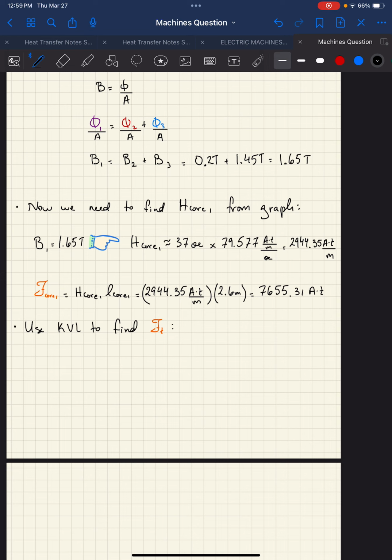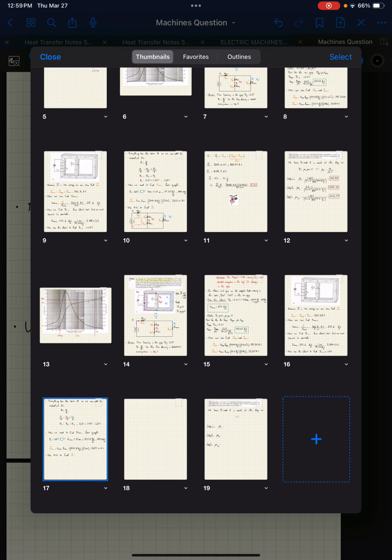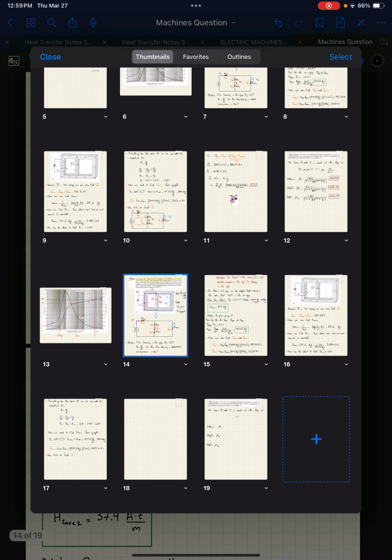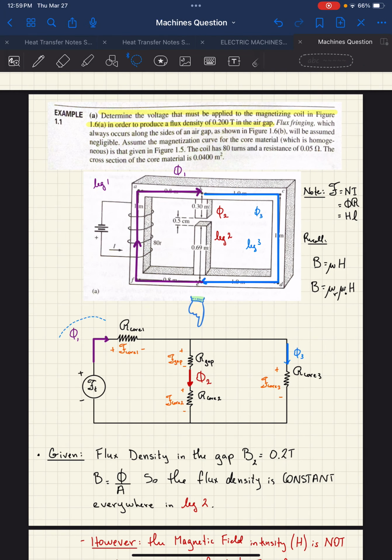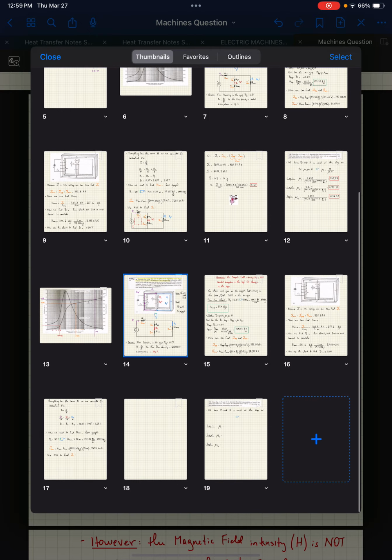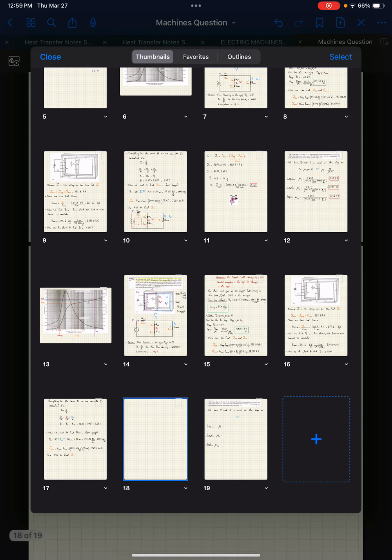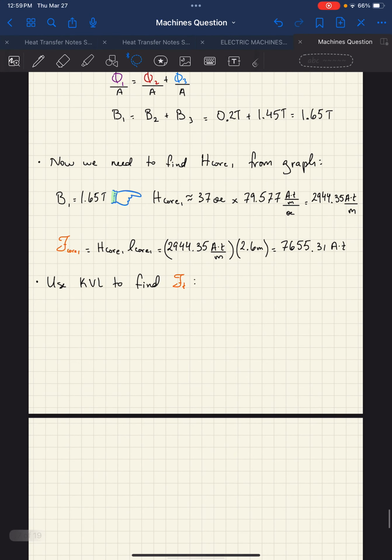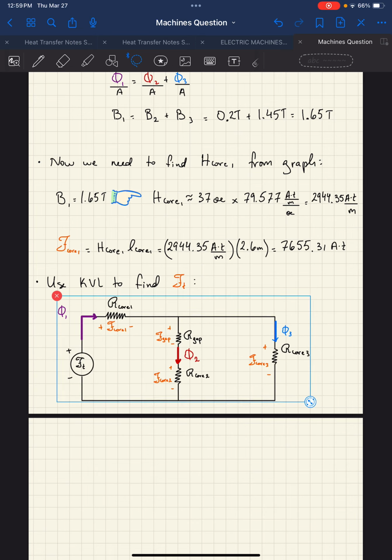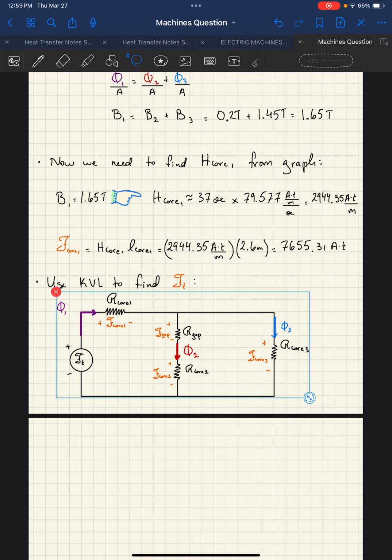So let me just use the circuit we had. I'm going to grab this circuit using the beauty of copy and paste. Okay. And basically we're going to write KVL in this loop.